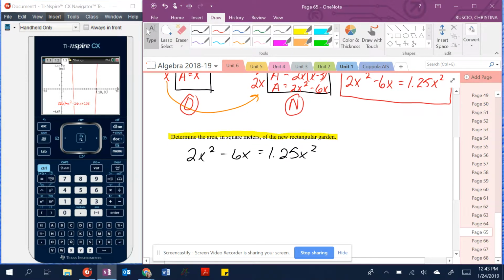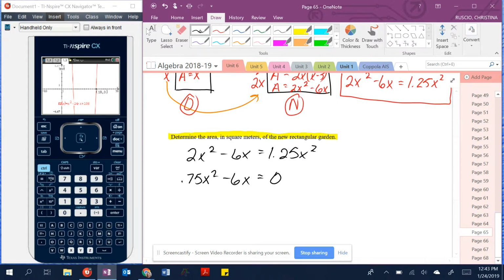All right. Well, I only have a couple choices here, but I have an x term, so we have to set this equal to 0. So let's bring the 1.25x over to the other side with the 2x squared, or subtract 1.25x squared from both sides. Either way, we're going to get 0.75x squared minus 6x is equal to 0.